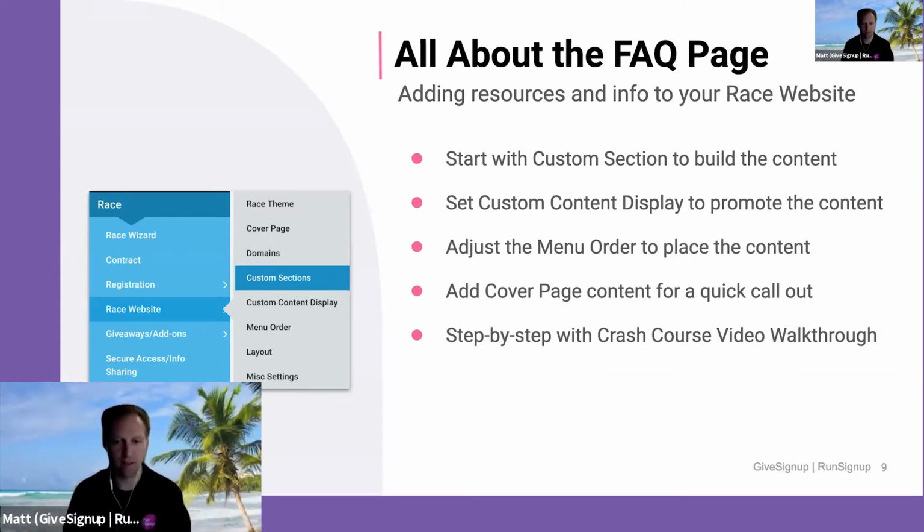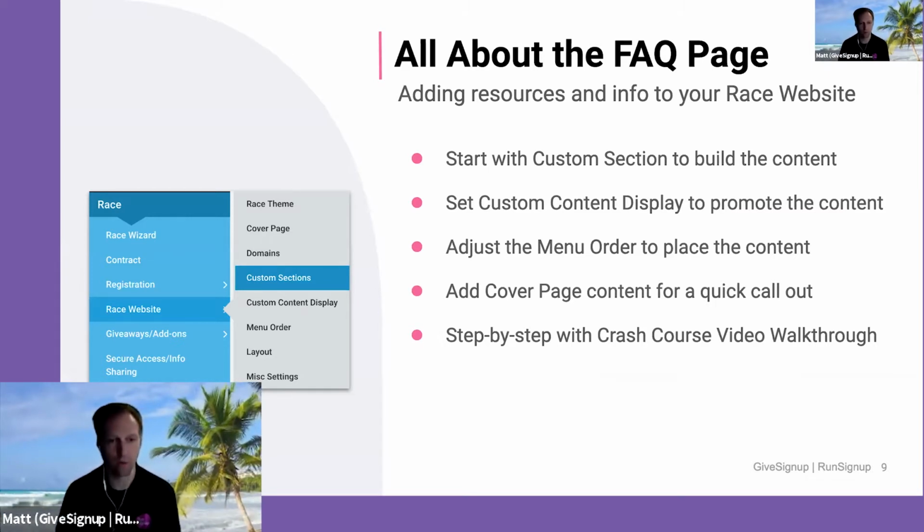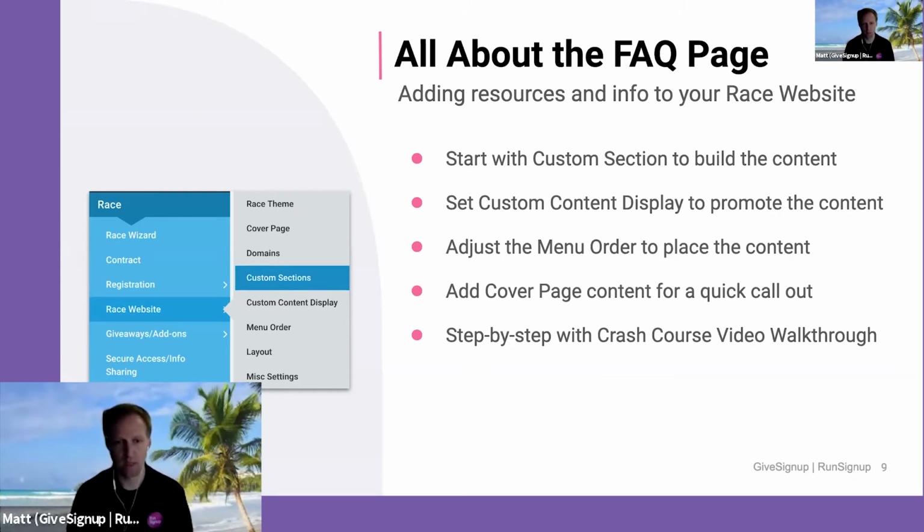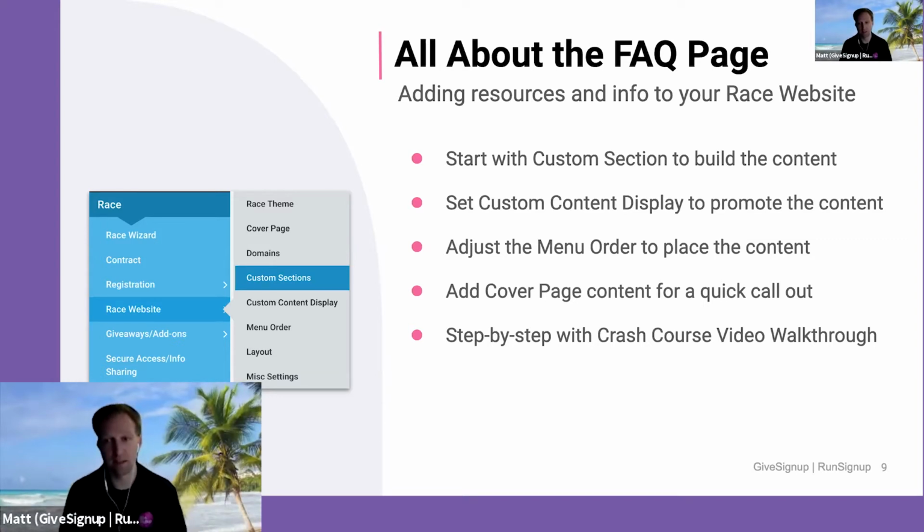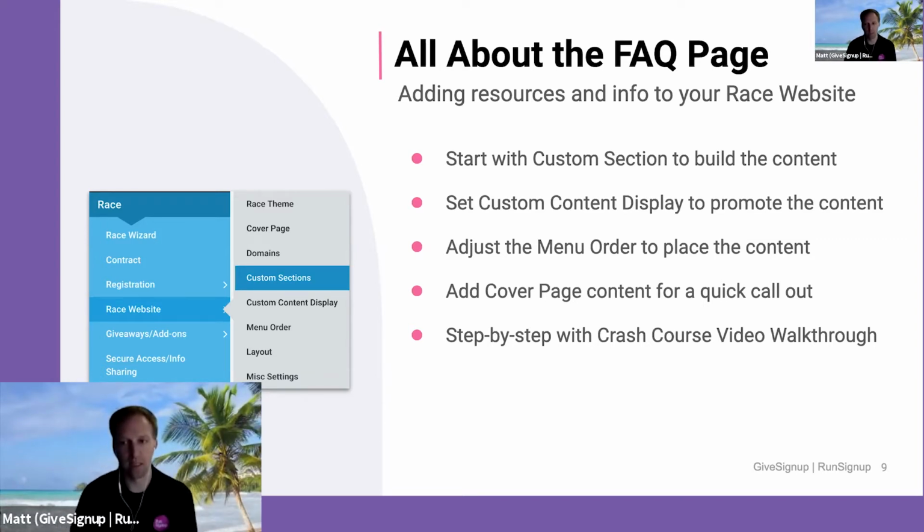I do have a step-by-step crash course video walkthrough that I'll share with the slides to actually physically walk you through that. But in the interest of time for this presentation, we're just going to go over the content. So you want to create the content in the custom section, and then right underneath that is your custom content display. That's where you can promote those sections to your top level menu, or if you want to create submenus, that's where you would do that.